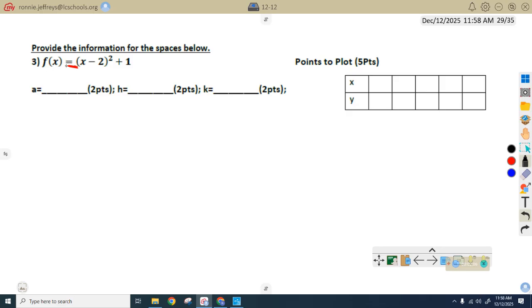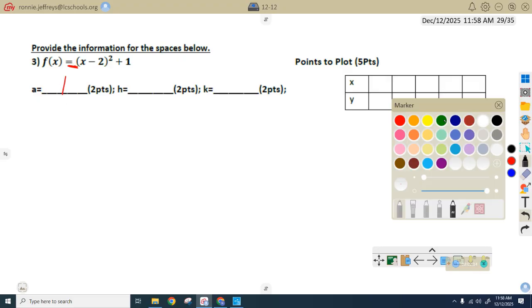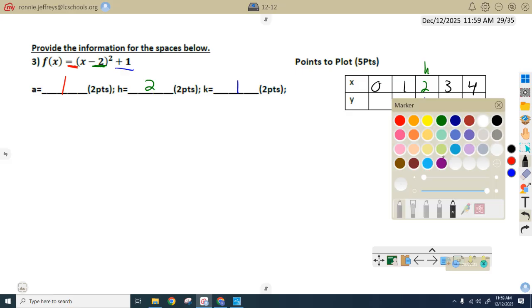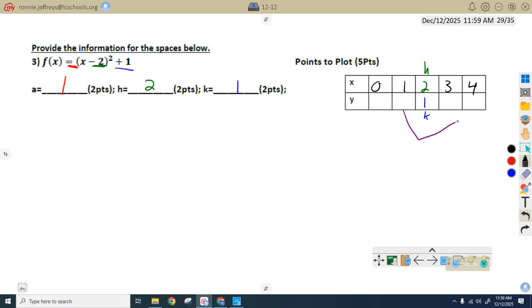All right. So, this is not a 0 for our A. This is 1. Our H again is opposite right there, so this is +2. It also goes here. Our K is 1. It also goes here. Now, fill in the points. Well, this should go like a number line. This is 1A.